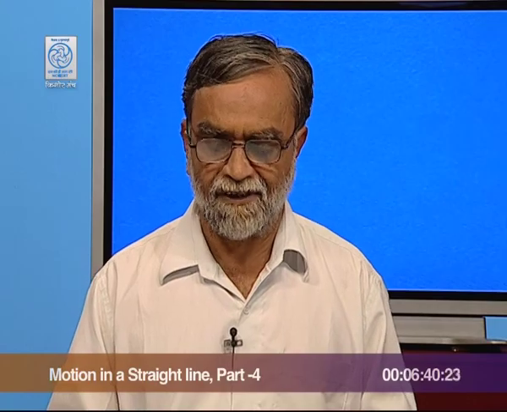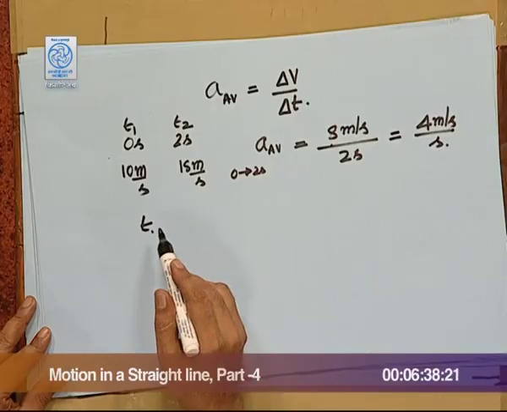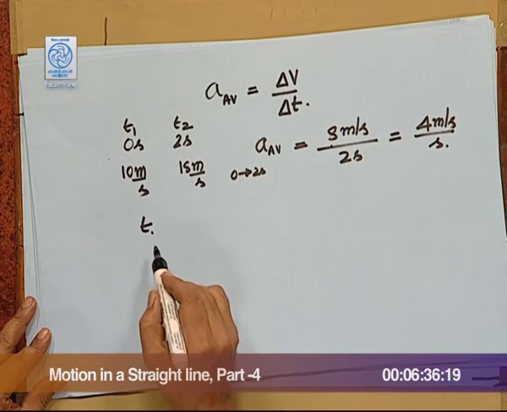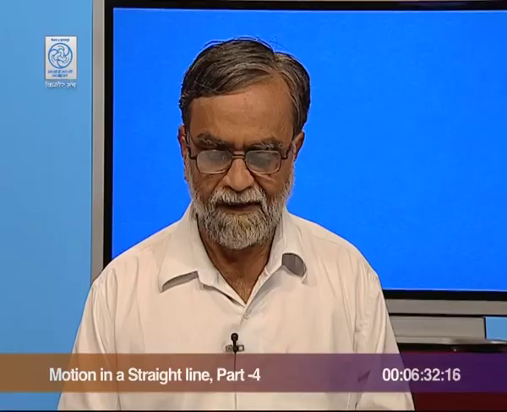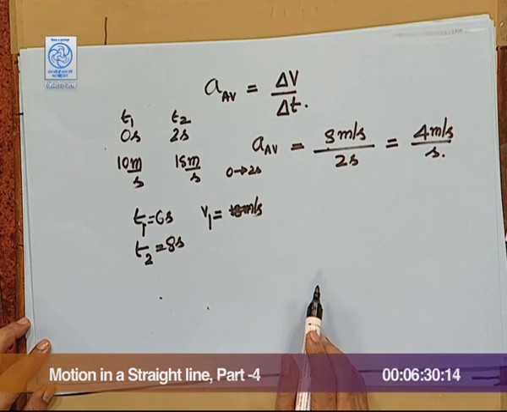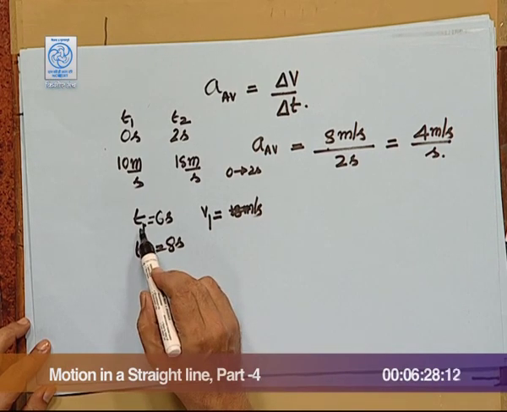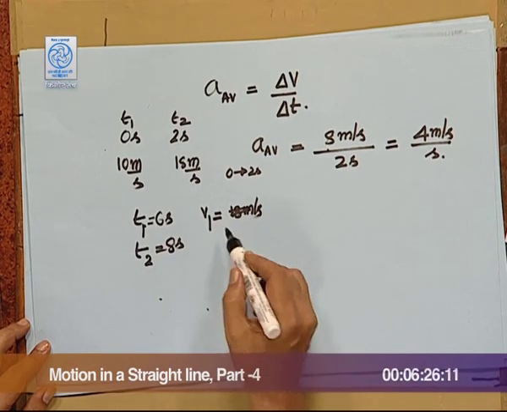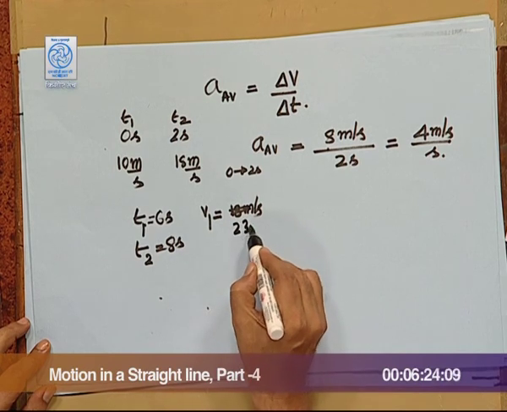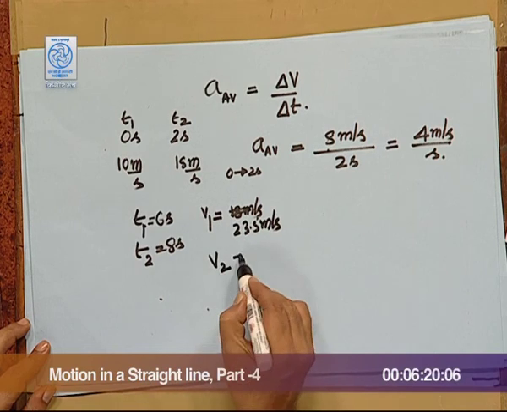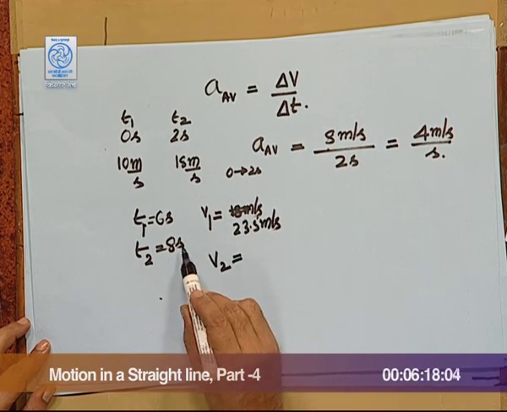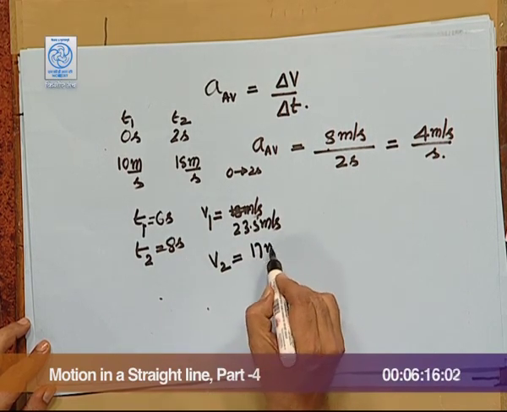Now the average acceleration in the time interval t1 equal to 6 seconds to t2 equal to 8 seconds. At t1 equal to 6 seconds, the velocity is 23.5 meters per second and the velocity at time t2, corresponding to 8 seconds, is 17 meters per second.